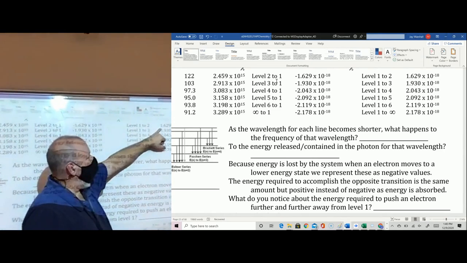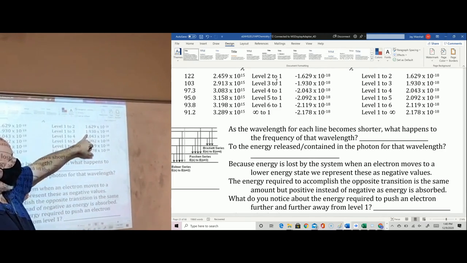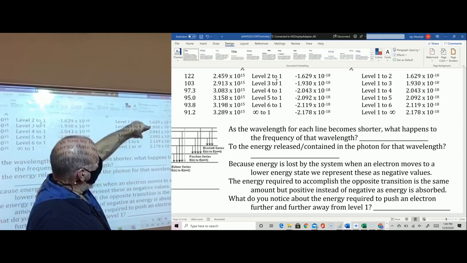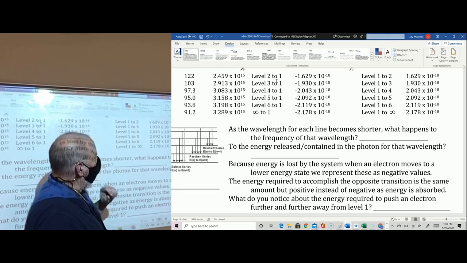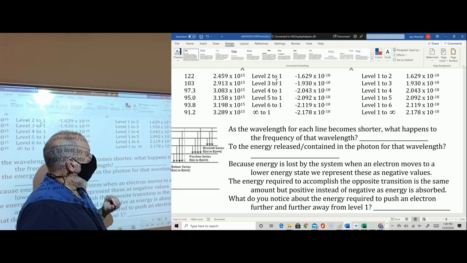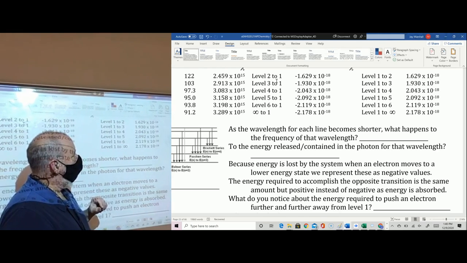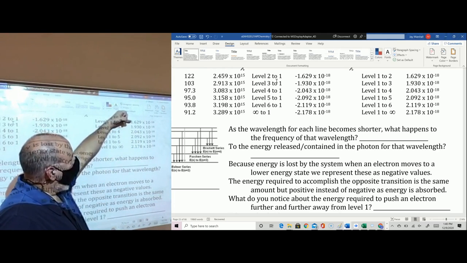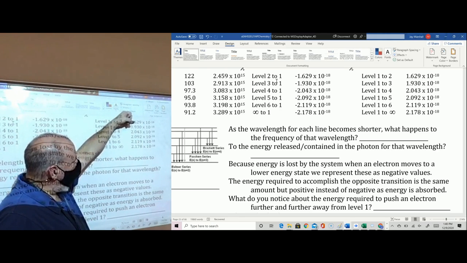If I go to level 1, I gain this much energy. If I go to level 2, I gain this much energy. Level 2, what do you notice about the increment of energy? Let's see, that one increases. No. Okay, so what do you notice about the increment here?